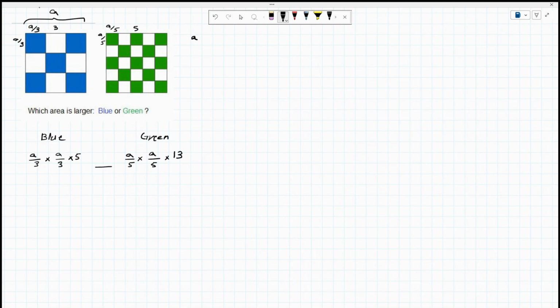So the question is which one is larger? Are we gonna have this sign or this sign or even maybe equal? We don't know. So I'm gonna leave it empty for now.